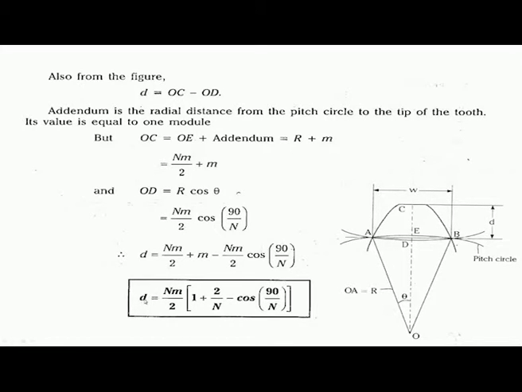D, that is chordal depth or chordal addendum, is equal to Nm by 2 times (1 plus 2 by N minus cos 90 by N), where m is module and N is number of teeth. So, we can understand from this derivation that W and D depend on the number of teeth and module. If the number of teeth varies, then again we have to calculate W and D.